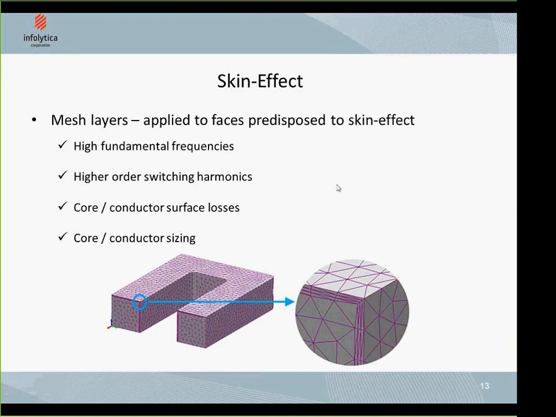So as an example of how it's easier to analyze some of these effects in finite element analysis in MagNet, as compared to achieving the same analytically, this shows an example of skin effect. And we know that skin effect reduces the current carrying capacity of your conductor.